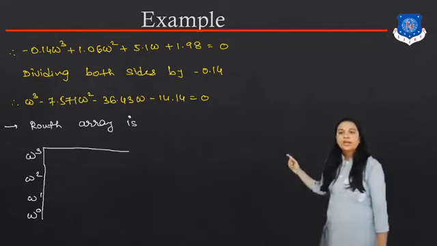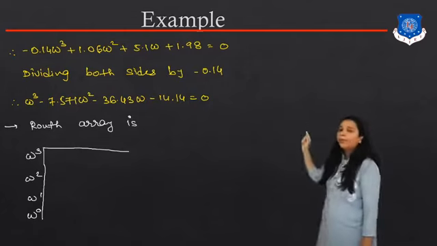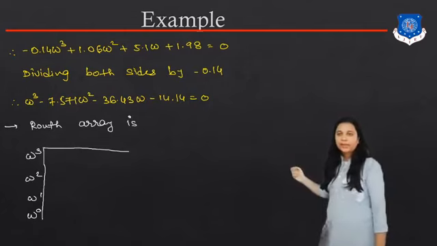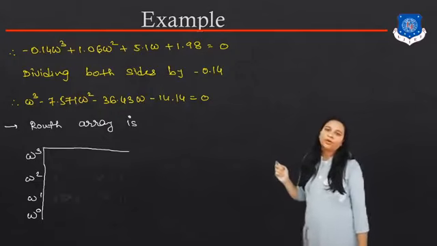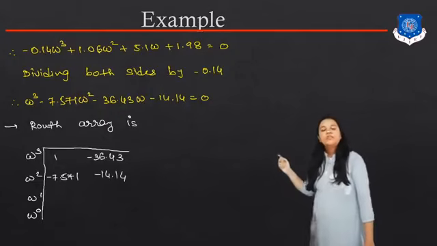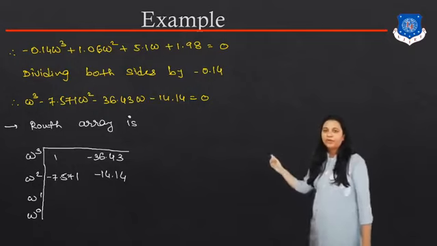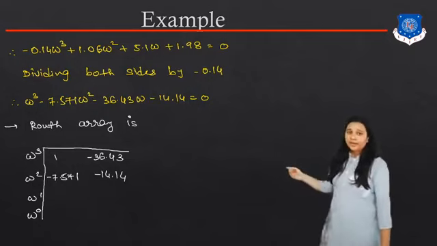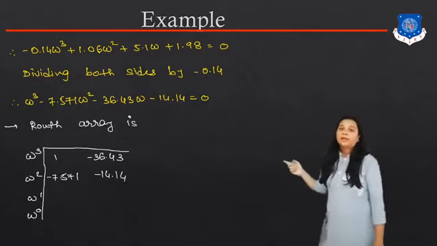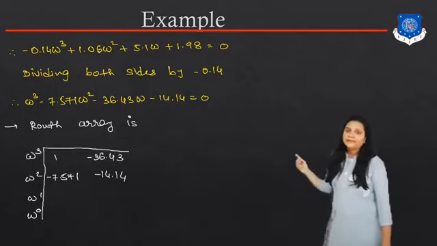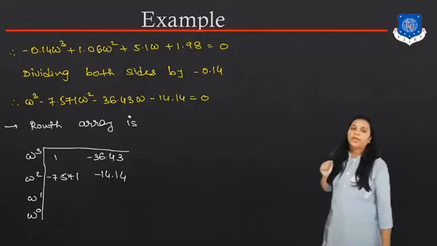Here we start with the maximum power of omega: omega cube, omega square, omega, and omega raised to 0. Put the coefficient of omega cube, which is 1, and the coefficient of omega, minus 36.43. In the next row we put the coefficient of omega square, 7.571, and the constant term, minus 14.40.